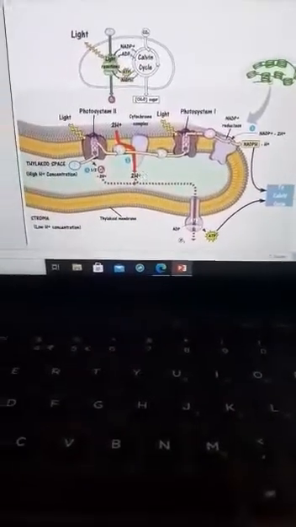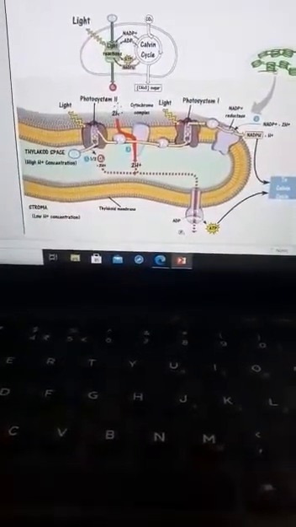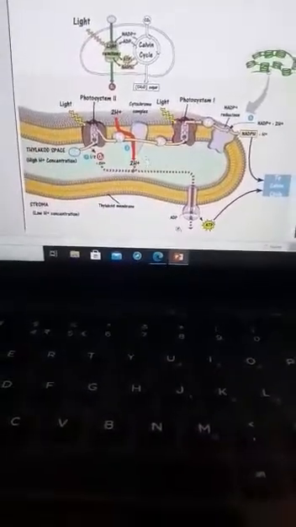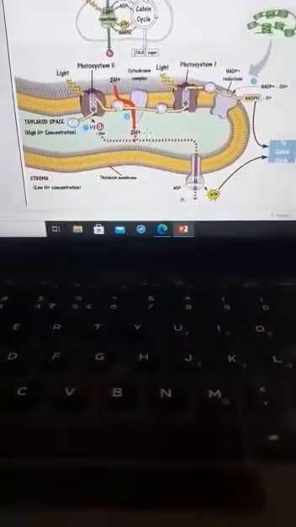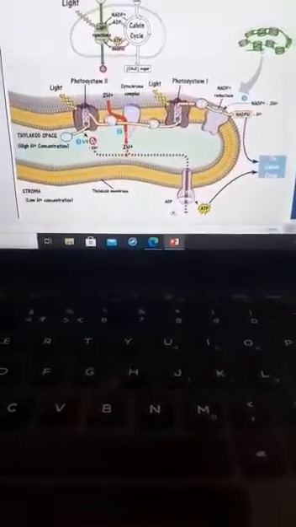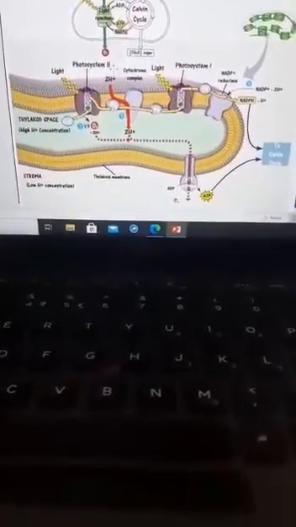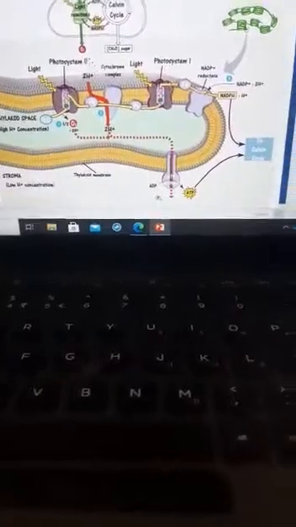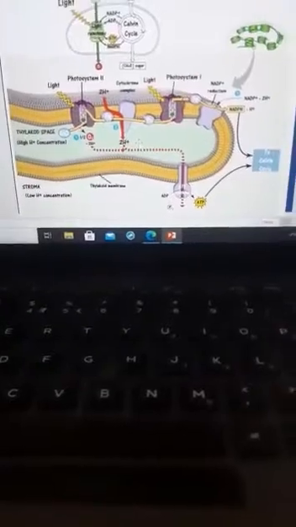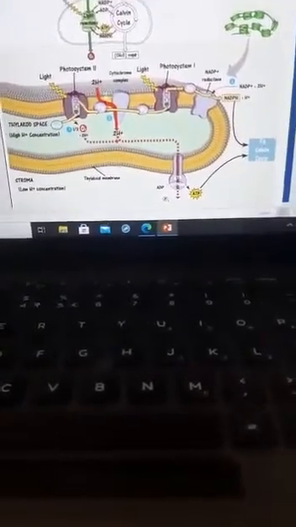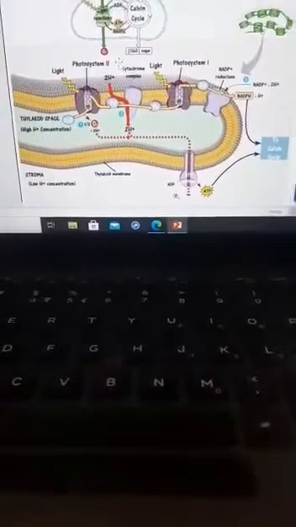If the hydrogen protons keep on being moved from the stroma matrix into the thylakoid space, you will create a situation whereby in the thylakoid space you have more hydrogen protons than you have on the stroma matrix.